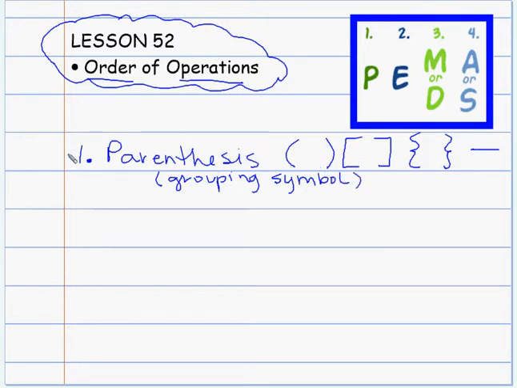Okay, you might see it or hear it sometime with a G instead of the P for grouping symbols. That's okay. It's any parenthesis or grouping symbol. Those are done first. Then the second step would be E.